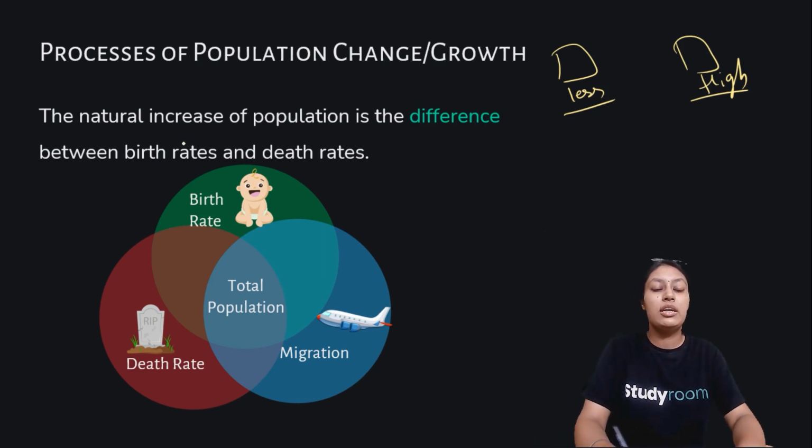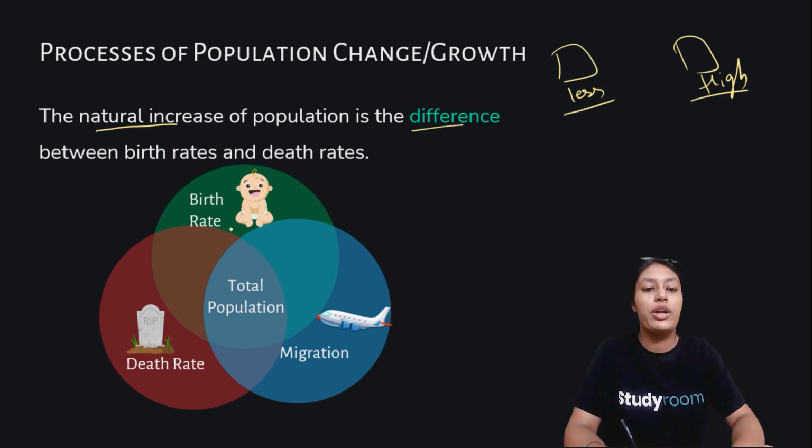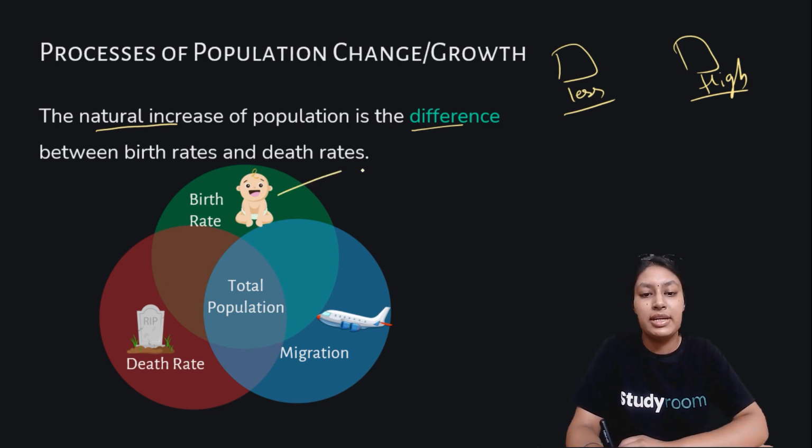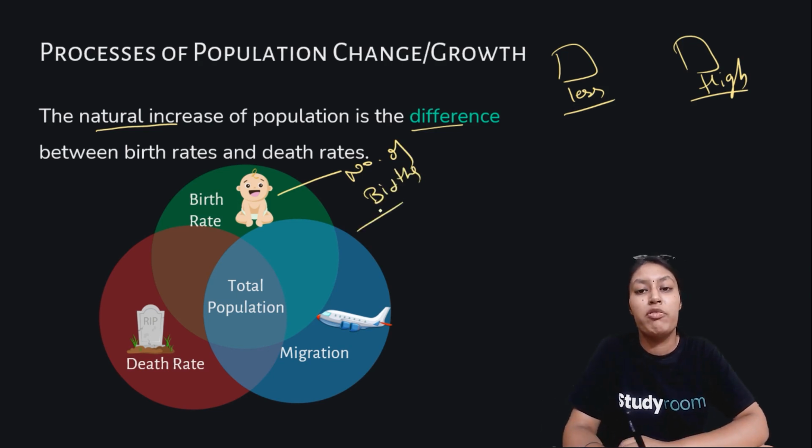The natural increase of population is the difference. So we can study birth rate, death rate, and migration. That's how we can study the total population. First is birth rate. Birth rate is simply the number of births taking place in a year, or annually.